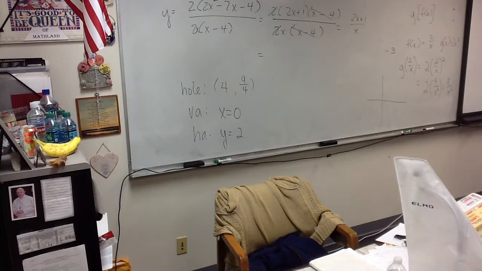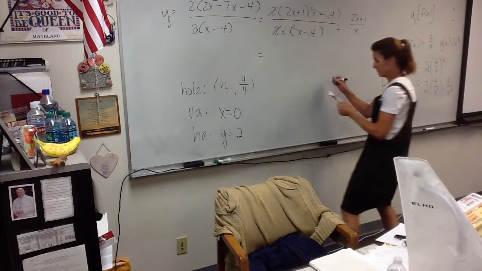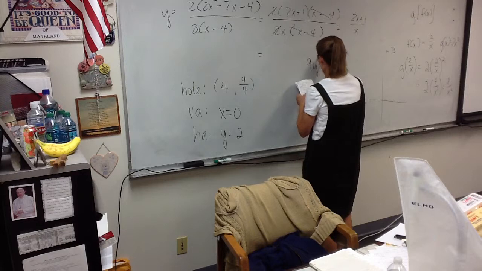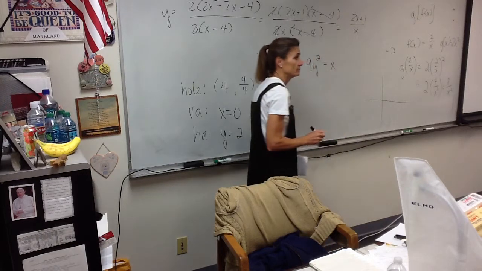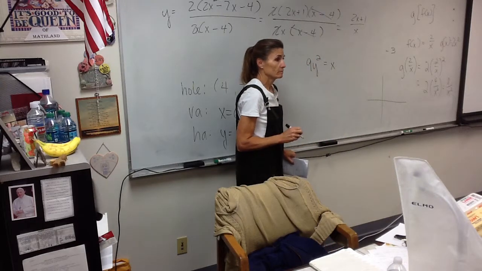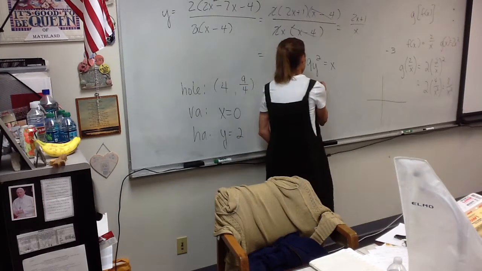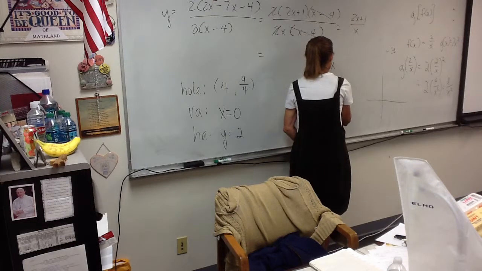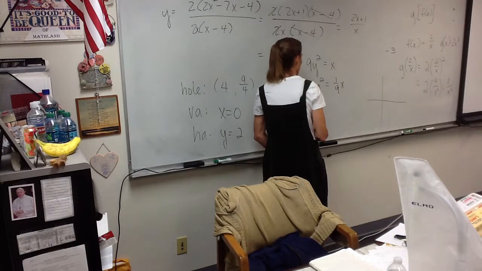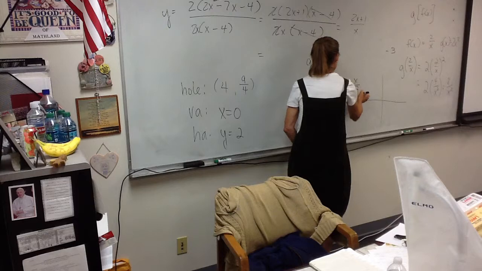Okay, implicit functions for 9y squared equals x. What does that mean, implicit functions? What do I need to do? I need to get y by itself. So y squared equals 1/9 x, or x over 9 if you prefer.